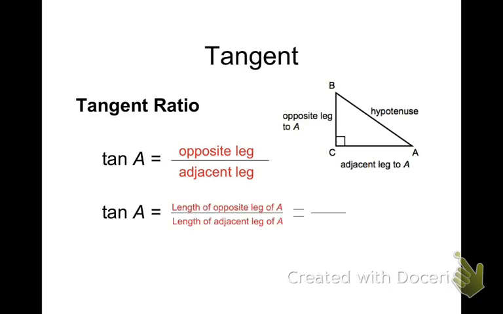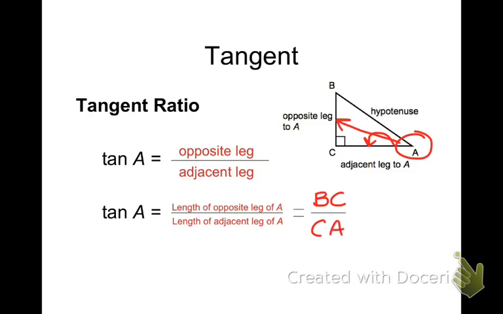So in this actual diagram, if I had to find the tangent of A, that means I make A my reference angle. Tangent is opposite leg, and the leg opposite of A would be leg BC, over the adjacent leg, so the leg that's adjacent to it would be CA.